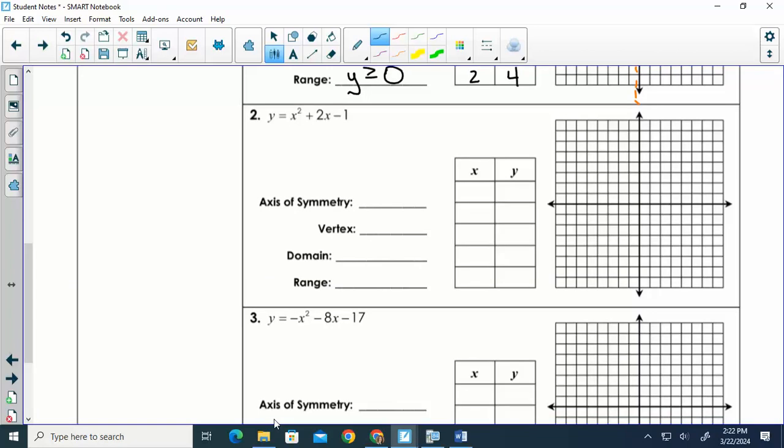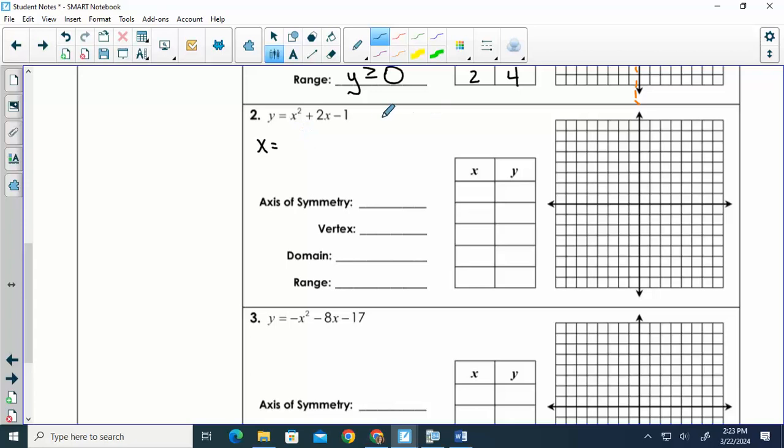So we do have to find the axis of symmetry by hand because otherwise that table, you can scroll up and down forever. It's going to keep giving you values. We don't just want to plot 25 random points. We need to find the vertex so we know where the middle of our graph is. So we have to do that part by hand using our formula. So x equals the opposite of b.